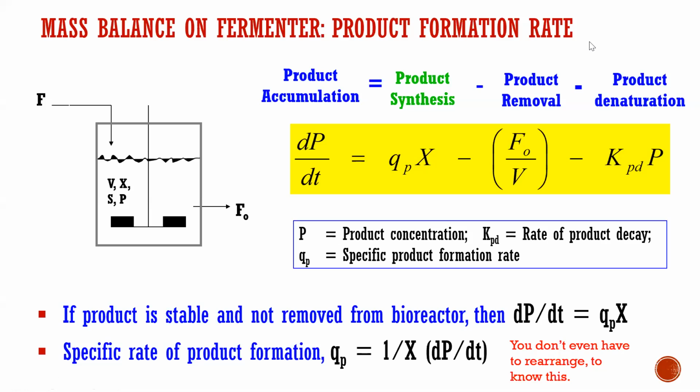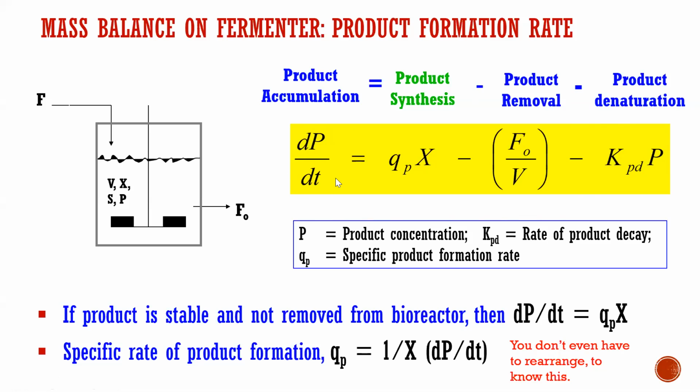Okay. This is basically the equations for product formations. So for product formations, same, all based on the original generic mass balance equation, wherein you have accumulation equal to conversion plus transport. All right.